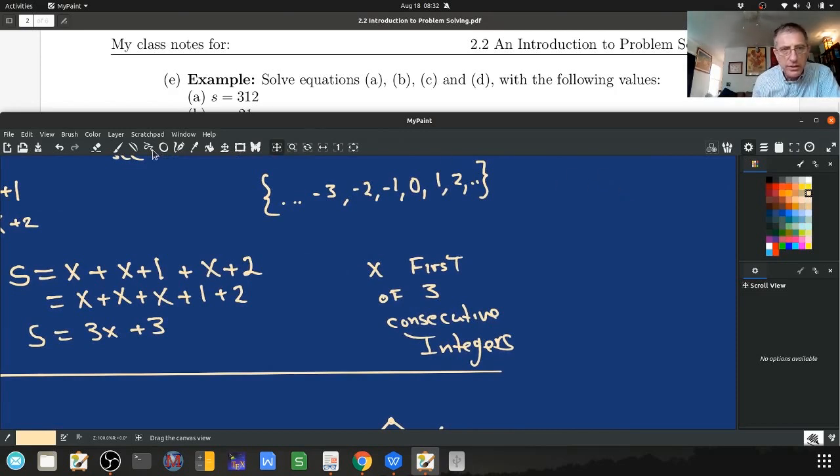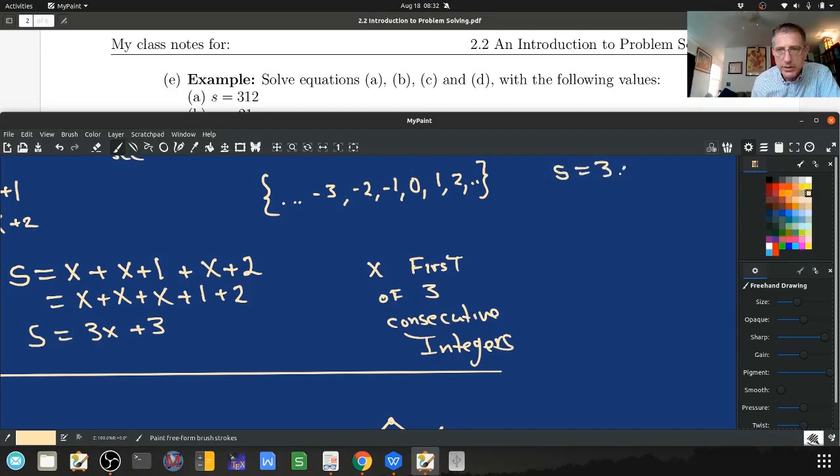My equation is given by S is equal to 3x plus 3. Well, they say let x be equal to 32. Find the sum. So S, which stands for the sum, is equal to 3 times 32 plus 3.